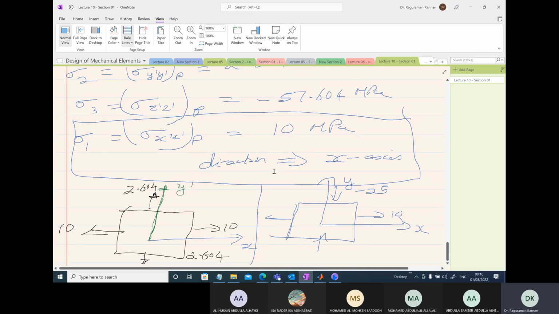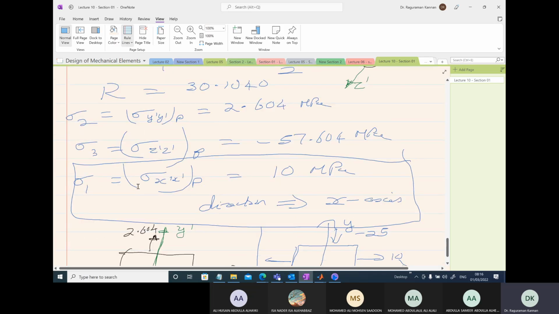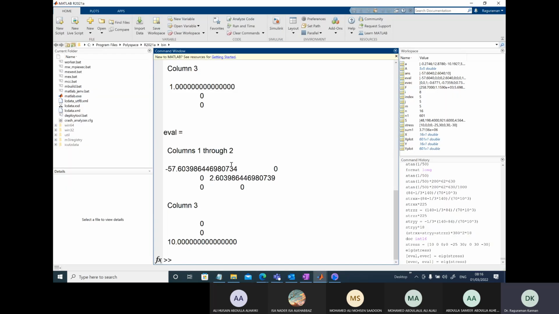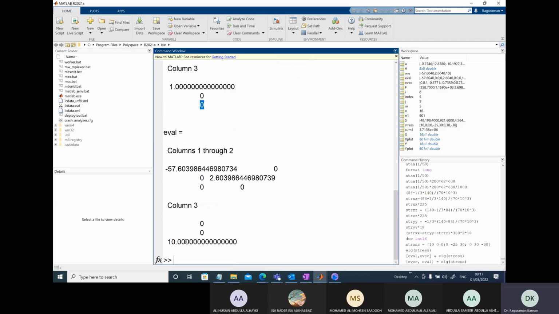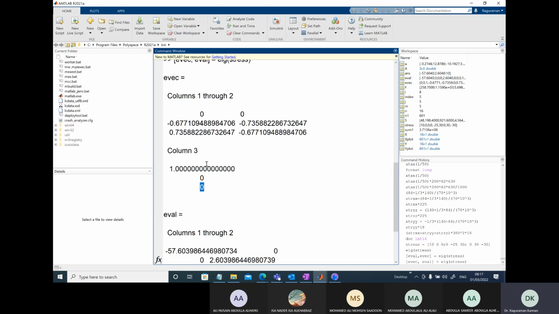Now, in the case of the 3D problem here, corresponding to sigma 1, we should have the x-axis as the eigenvector. And if you see here, corresponding to 10 megapascal, the last eigenvector is 1, 0, 0. So this gives you the direction corresponding to the eigenvalue, or the principal value, 10 megapascal. This direction is along the x-axis. This is the principal direction.